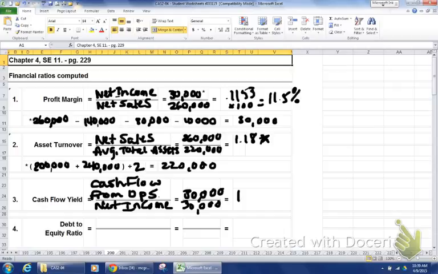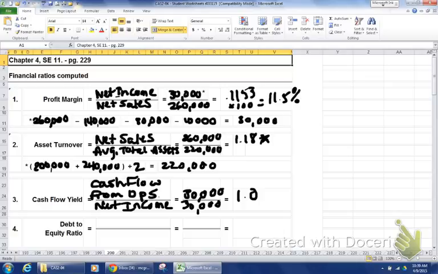So in this case, our company is generating a cash flow yield of 100%. Net income is generating 100% cash flow from operations.